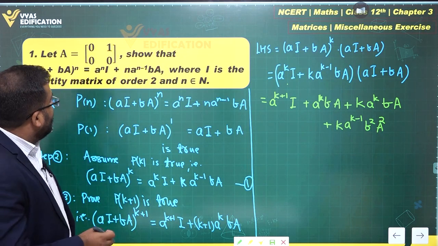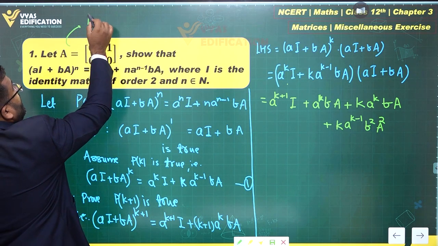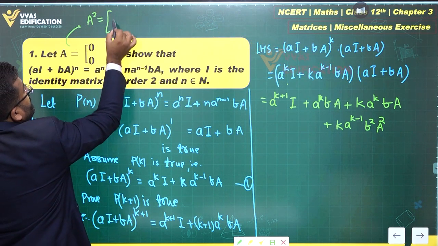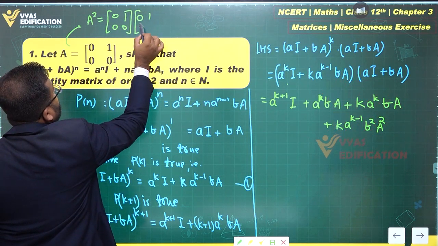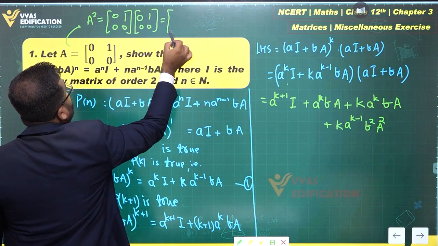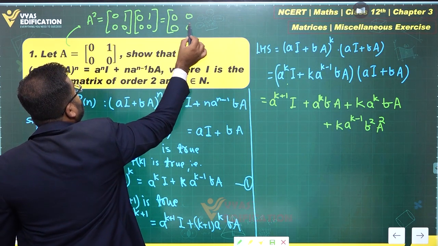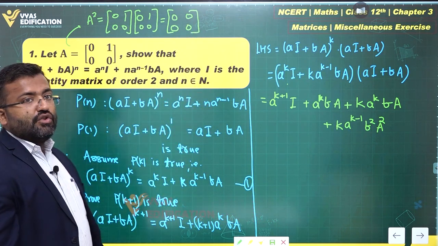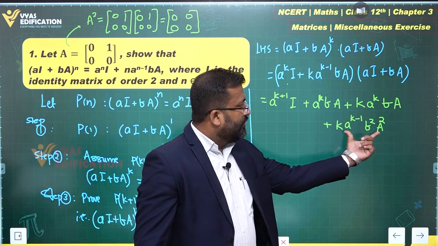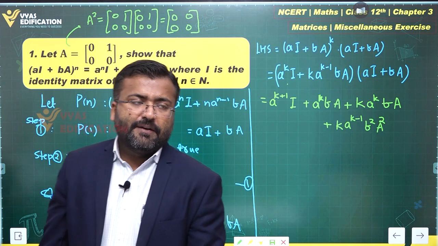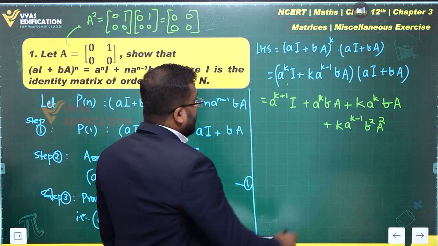Now, for this matrix A, a squared is equal to 0, 1, 0, 0, and this product, which we have discussed some time back, is simply equal to 0, 0, 0, 0, that is the null matrix. Since this is a null matrix, this whole overall term would become 0.